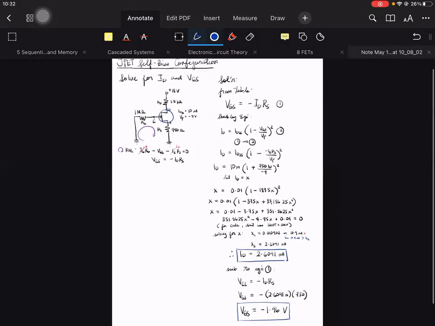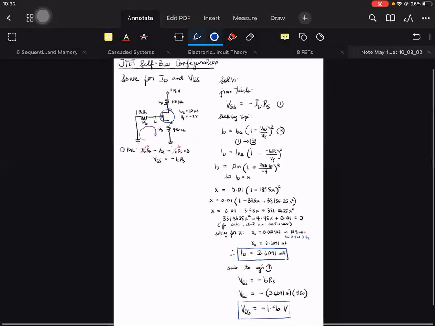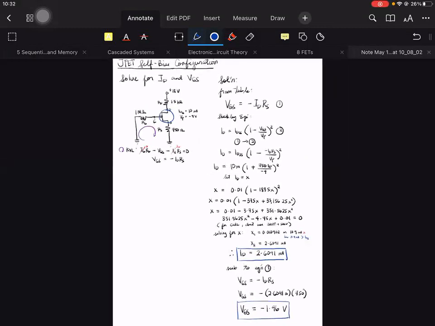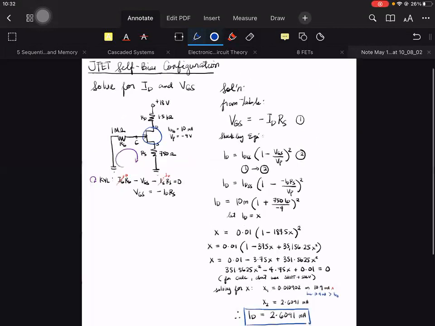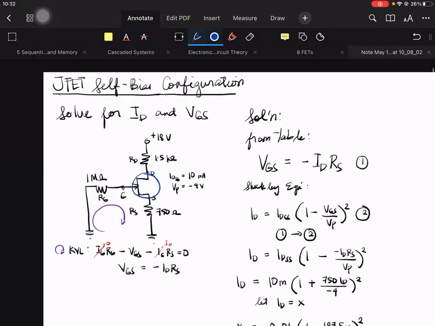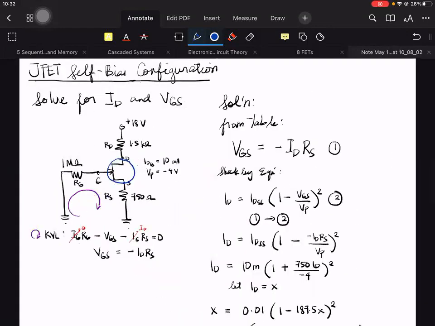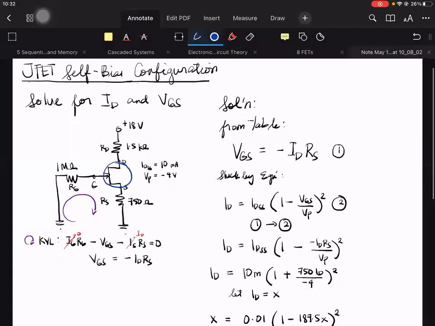Any questions? Is the math understandable? Yes, sir. Okay, thank you for the response, James. So class, the complication here is solving the DC parameters for the JFET.